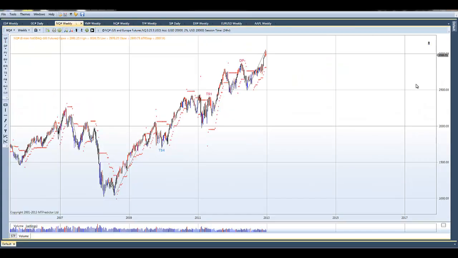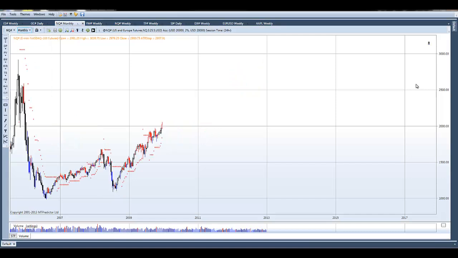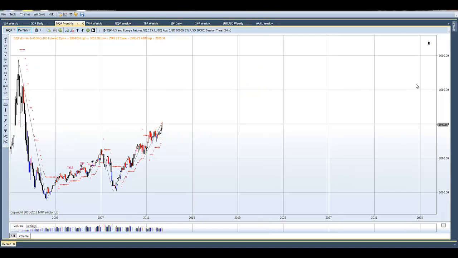Let's go to the NQ. The NQ really doesn't have much pattern-wise, just this ABC, this measured move with the trend here. If I can pull up the monthly, you can see the all-time highs back here, and here's where we're sitting.